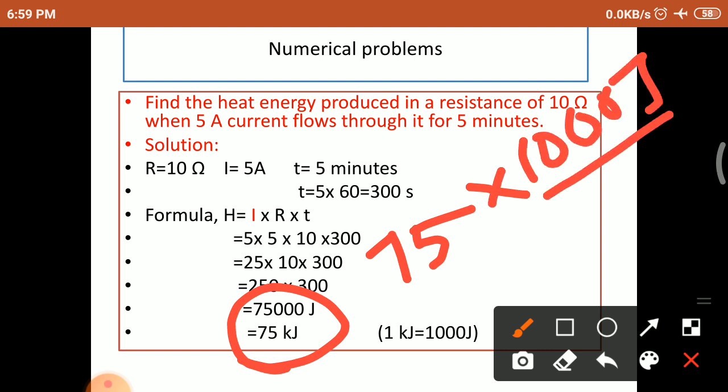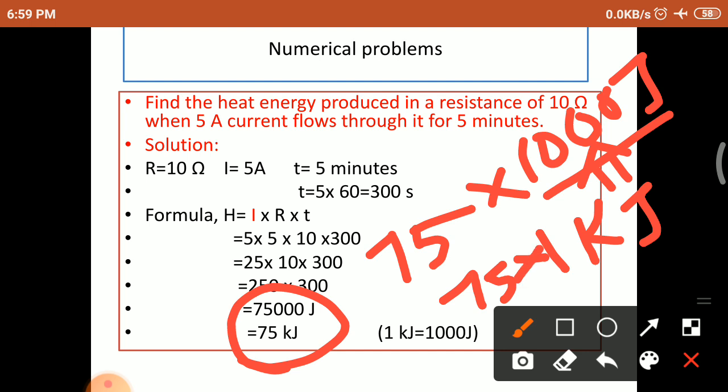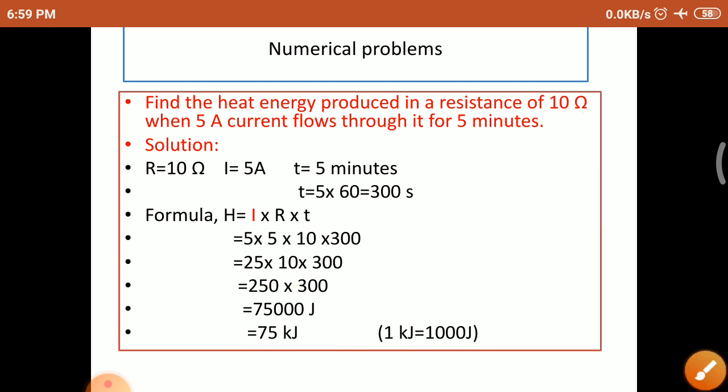Instead of 1000 joule, I can write kilojoule because 1 kilojoule is equal to 1000 joule. So 75 into 1 kilojoule equal to 75 kilojoule. Do you understand how to calculate the heat produced in electric gadgets using the formula H equal to I squared RT?